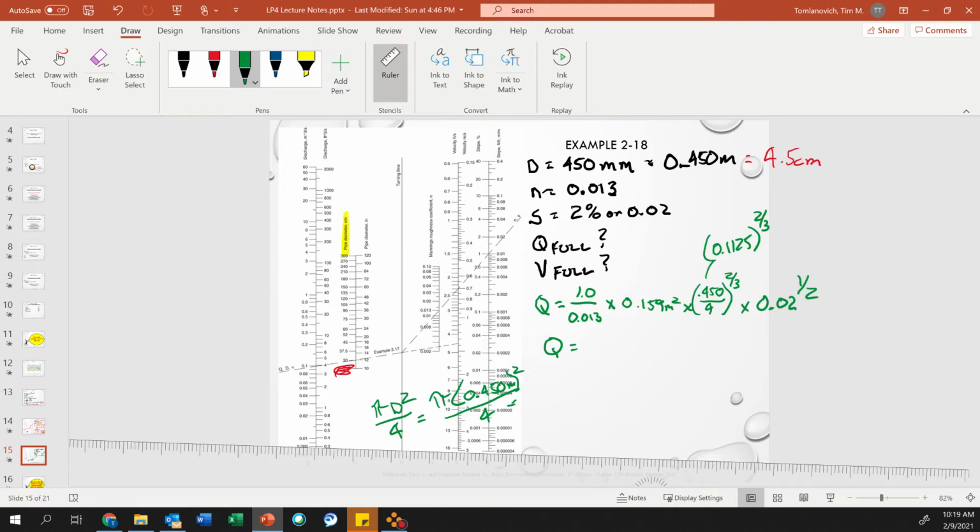Oops, I have to start over. And I get approximately 0.4 cubic meters per second as my flow.